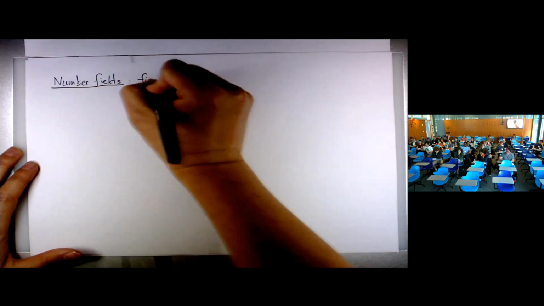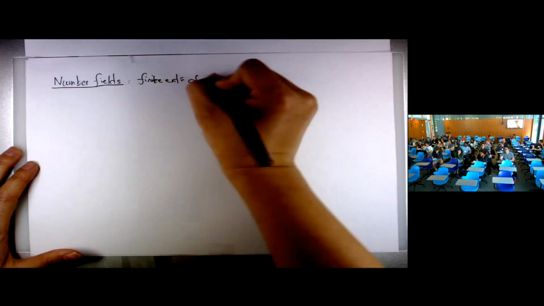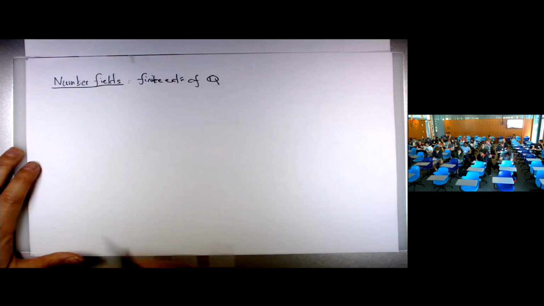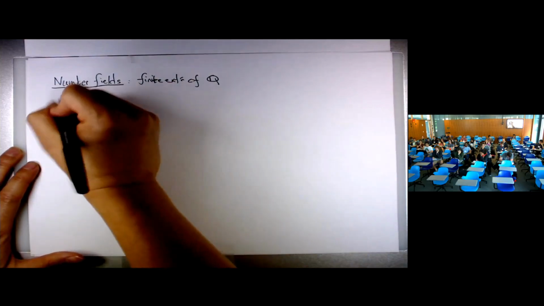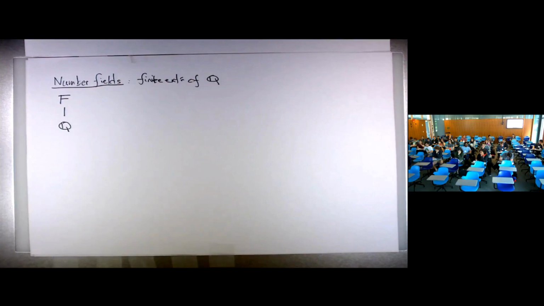So let's get down to studying number fields. This is by definition just a finite extension of Q, the rationals. So usually people write this as F over Q. That's the standard way of writing this.